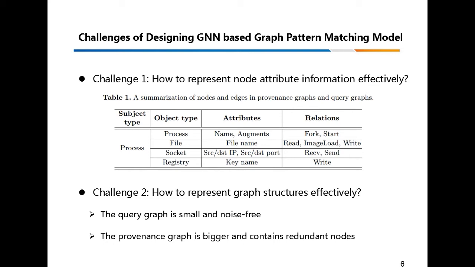Second, how to represent graph structures effectively. The query graph is small and noise-free. The provenance graph is bigger and contains redundant nodes. So when these two graphs represent the same behavior, how to make their representations closer in vector space?